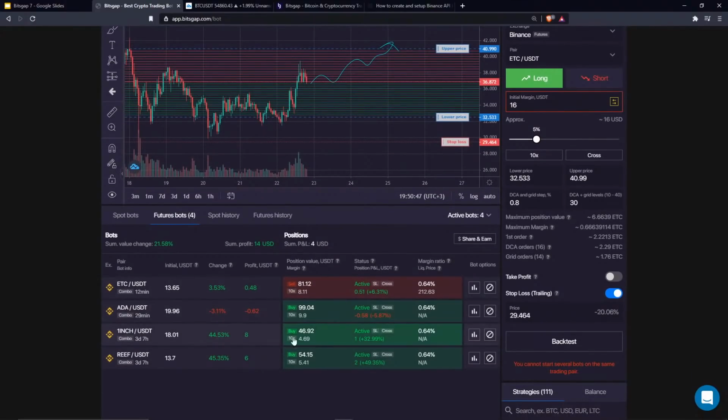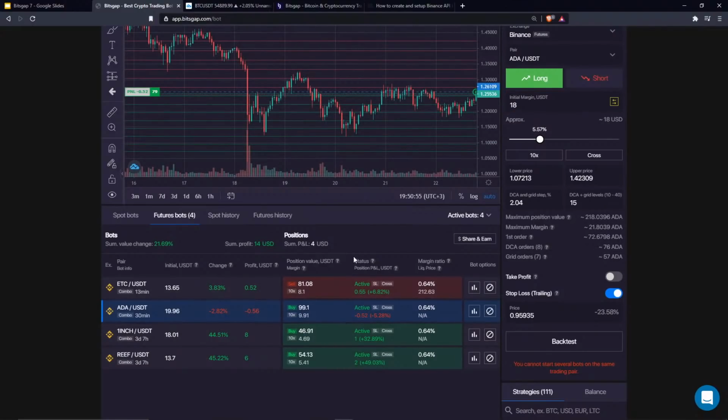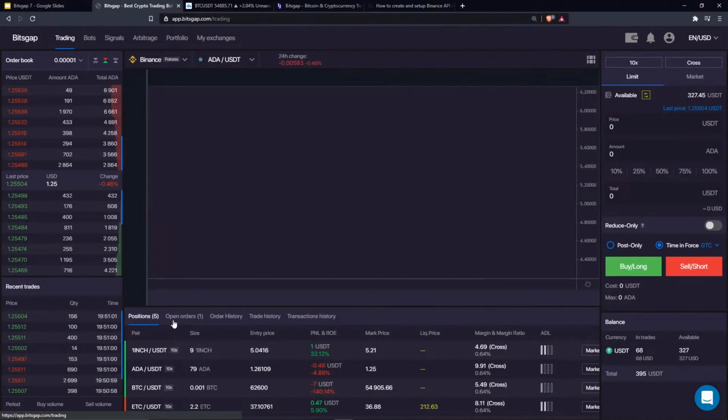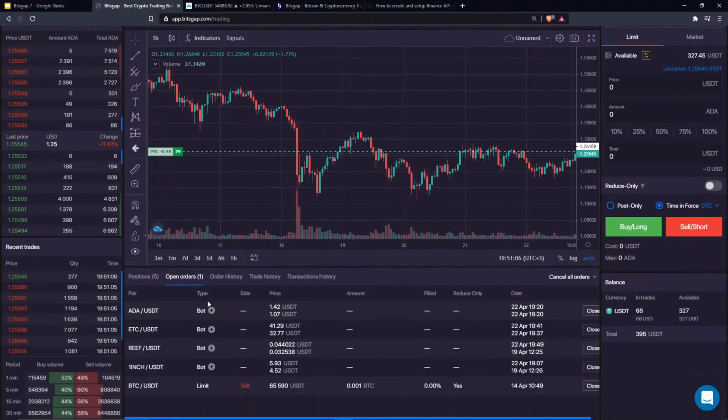So you see all these active trades right now, and some doing well, some doing worse, like this one, we're just a bit losing here. But the thing is that you can see the exact investment split as you go to trading. You go here, you go to open orders, and here we have all our 4 active combo bots. For Cardano, let's look at it.